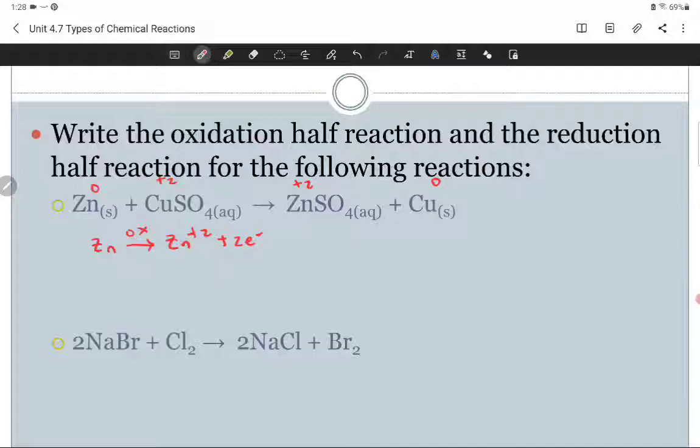I'll put it above the arrow here. And then the other chemical is copper +2 going to copper metal. And in this case, I'll have to put the 2 electrons over here. And again, if the electrons are on the left side, it's reduction. If the electrons are on the right side, it's oxidation.